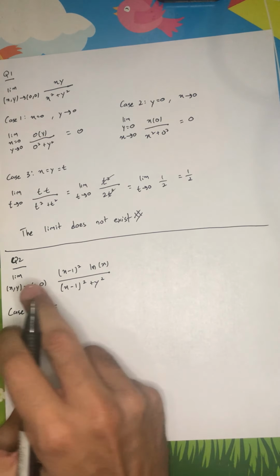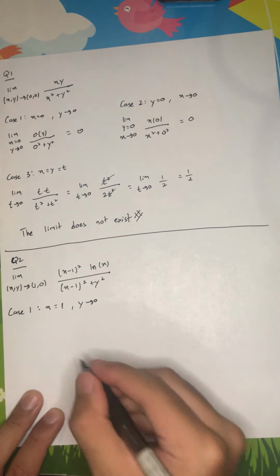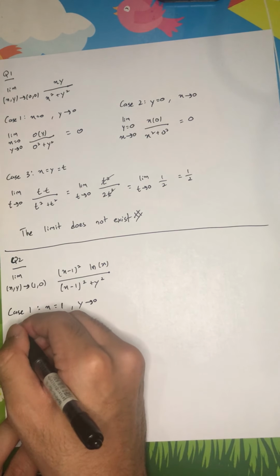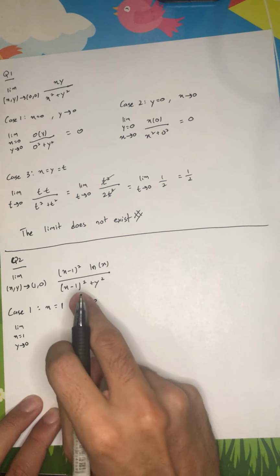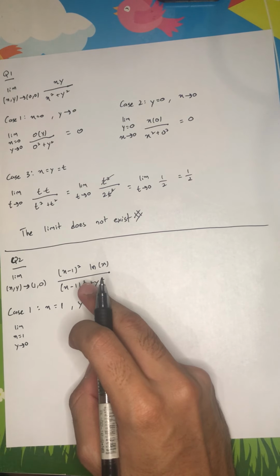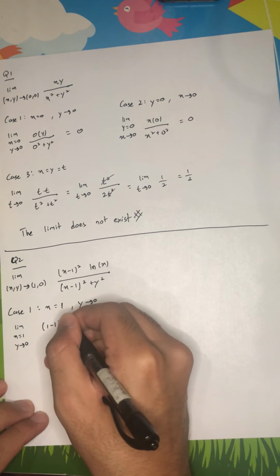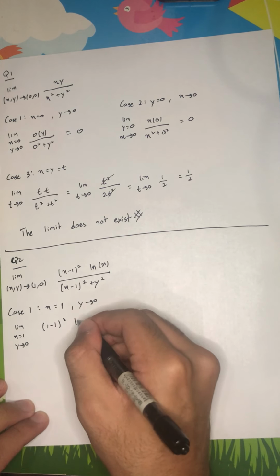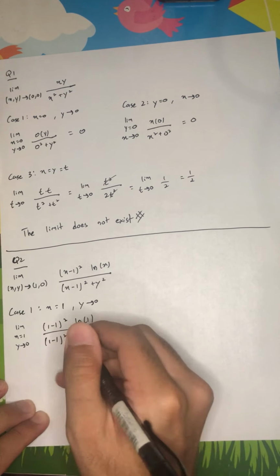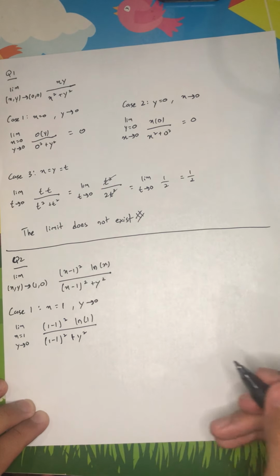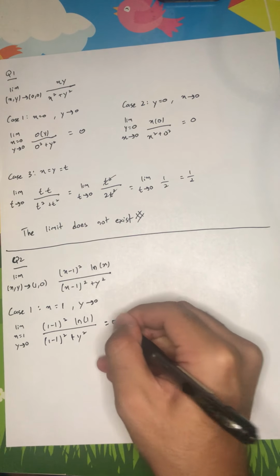X is 1. Okay, x equal to 1 and y approaching 0. So we will have limit x equal to 1, y approaching 0, and we replace all x with 1. So we will have 1 minus 1 squared ln 1 over 1 minus 1 squared plus y squared. So basically this limit will give you 0.